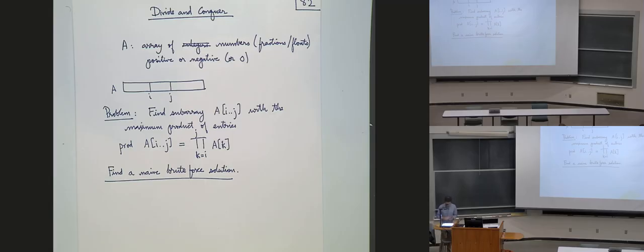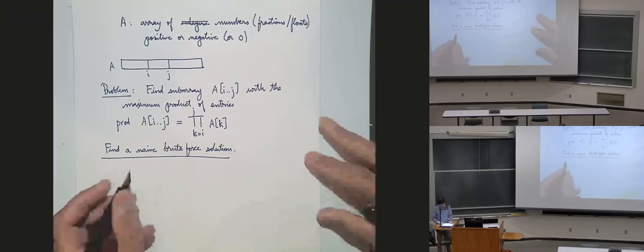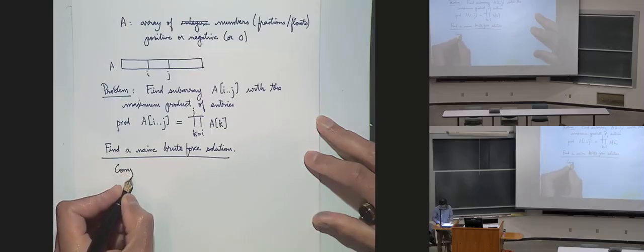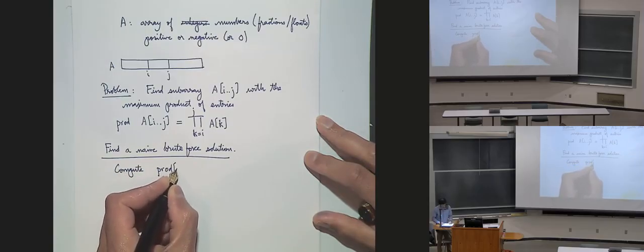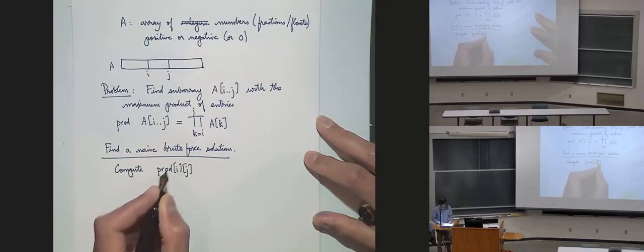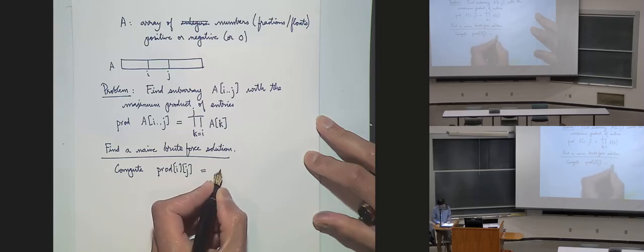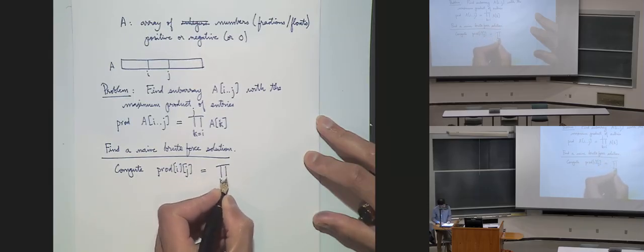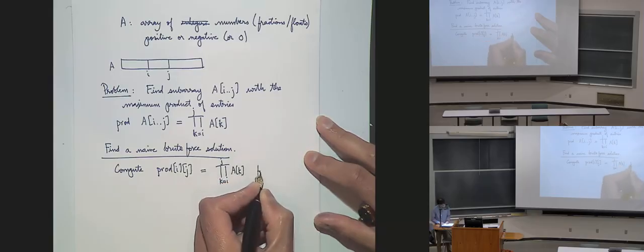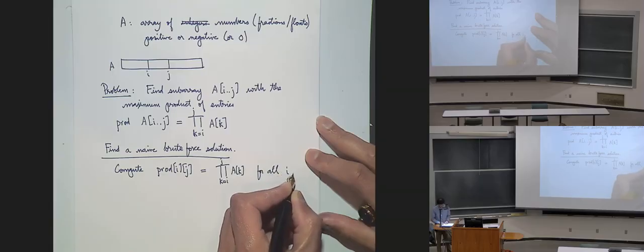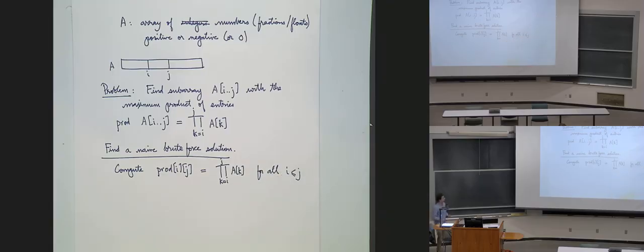Okay, so the naive brute force solution, as was correctly said, is just compute this quantity product_ij, which is just the product over k equals i to j of a_k, for all i less than j. So we'll just compute this product for everything.